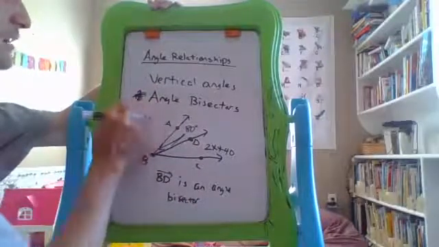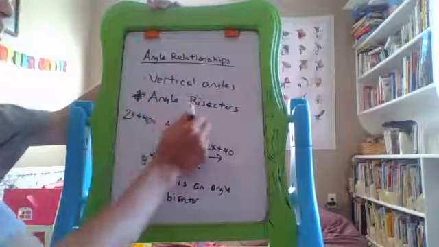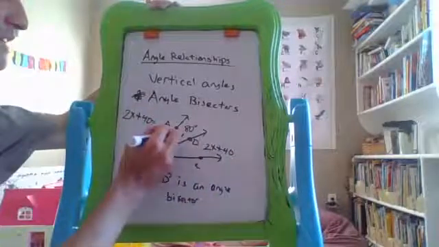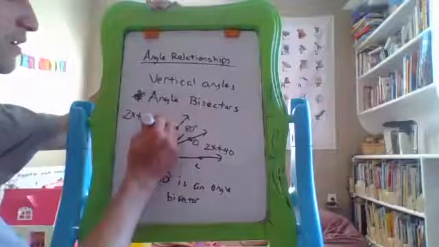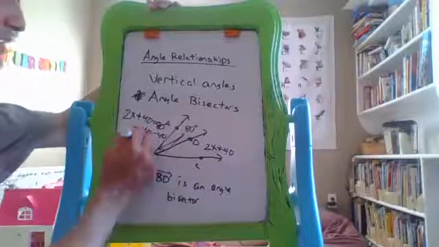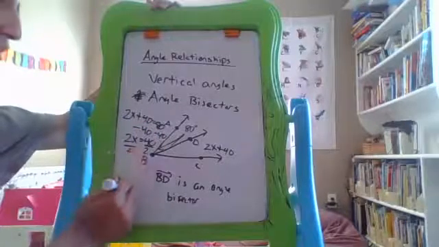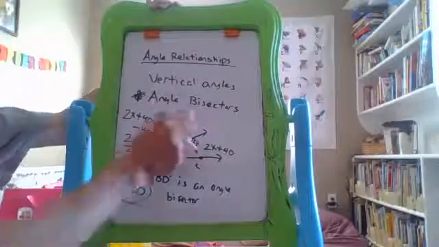So with angle bisectors, you set them equal. 2x plus 40 equals 80. So I minus 40, I get 2x equals 40, divide by 2, x equals 20. So I was able to solve x.